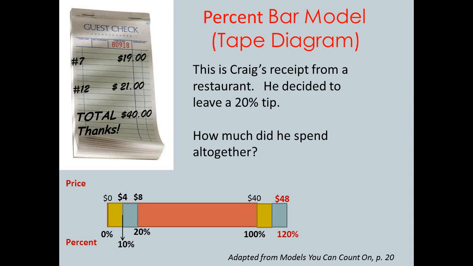Is this how you figure a tip? Craig found the 10%, doubled it, then put it on his total. He knew he had to leave $48 for that waiter.